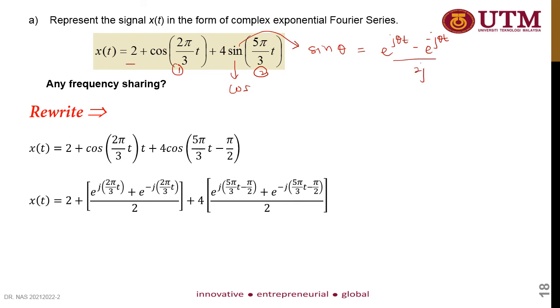It'll be a bit confusing sometimes when you have j at the bottom and you need to play around with the phase shift. That's why I would recommend you to convert all sine functions into cosine functions first.